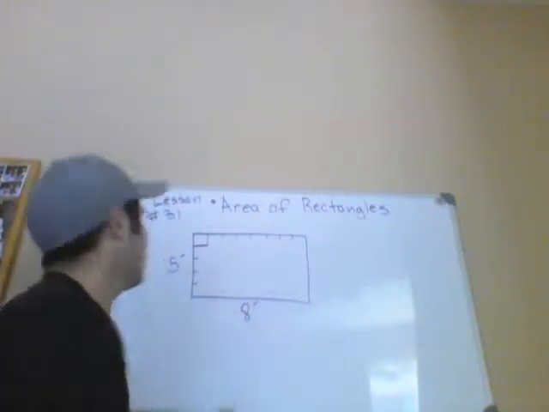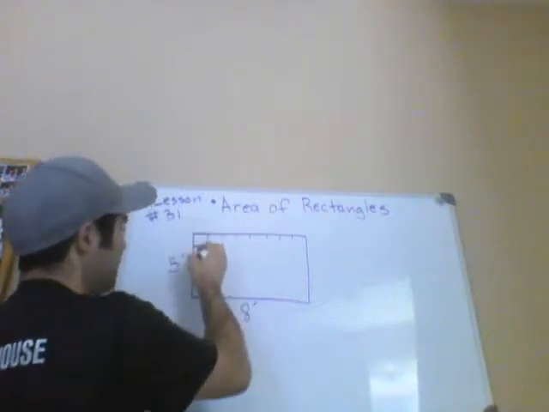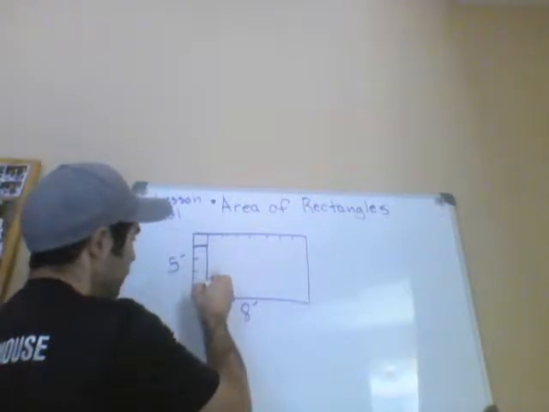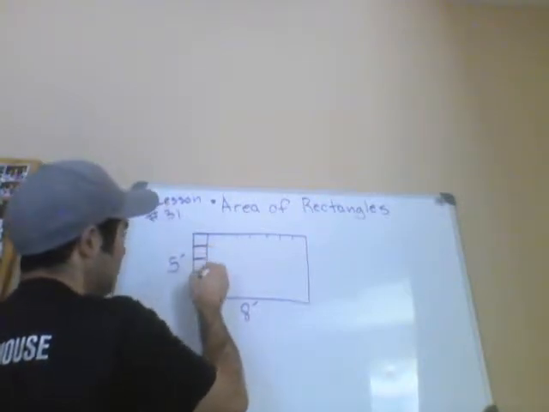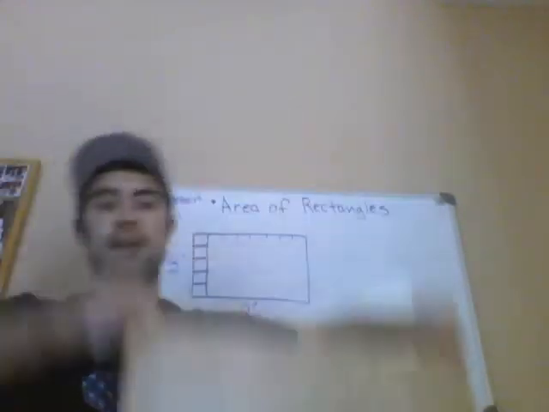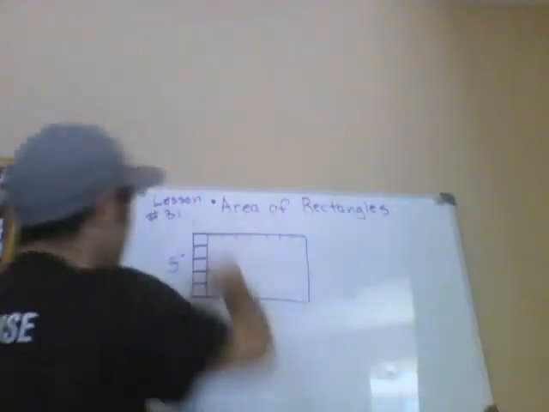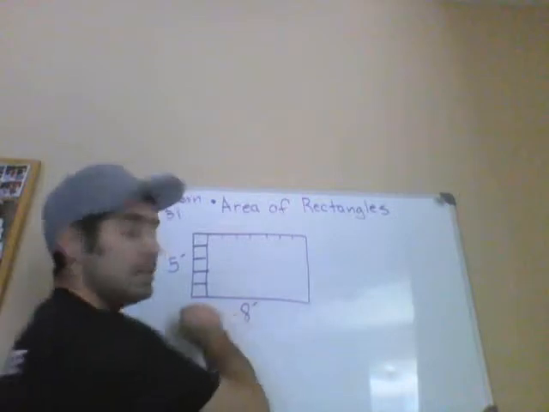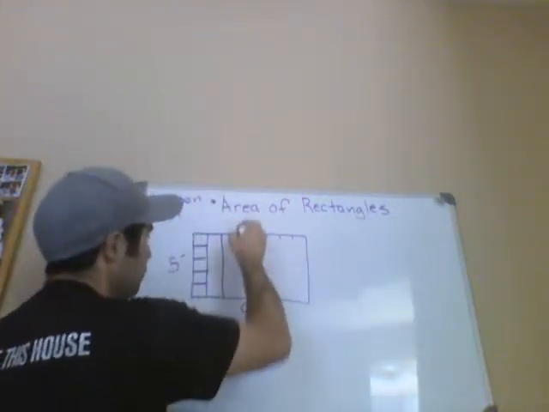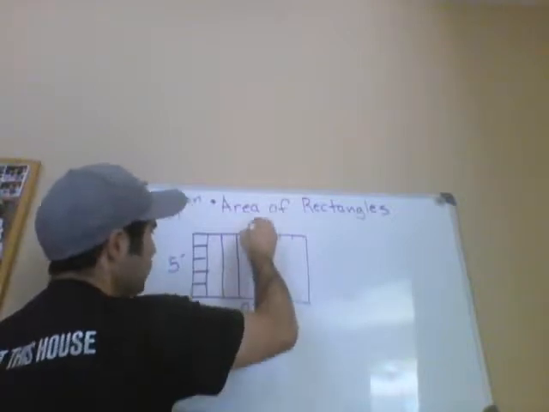We need, this is 5 feet, so there's going to be 1, 2, 3, 4, 5 of those tiles to do one column here. But it's 8 feet long, so we're going to multiply that. How many rows are we going to need?